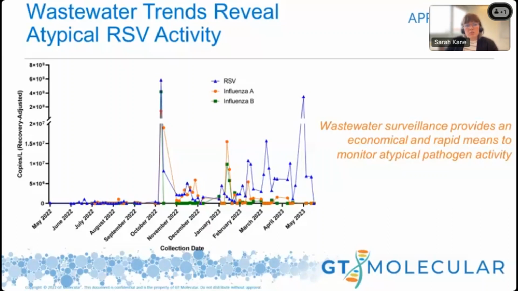To explain these results, there have been several reports of this exact trend from the CDC and among others. What we think happened was that all of these social differences that happened in COVID-19 may have impacted the seasonality of these traditional respiratory seasons. So again, wastewater is a very tractable sample type to monitor these pathogens.